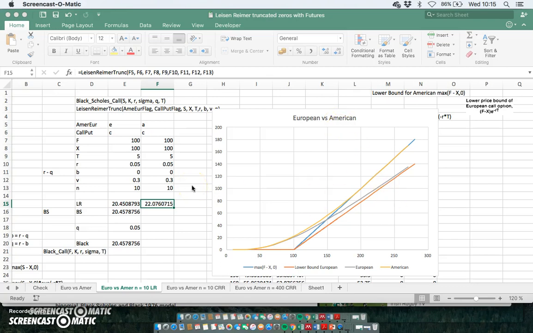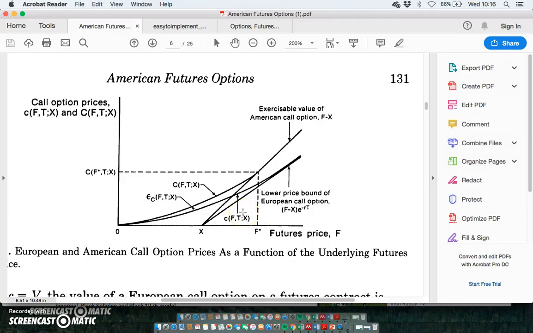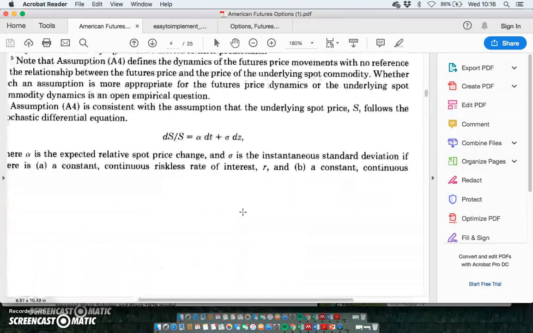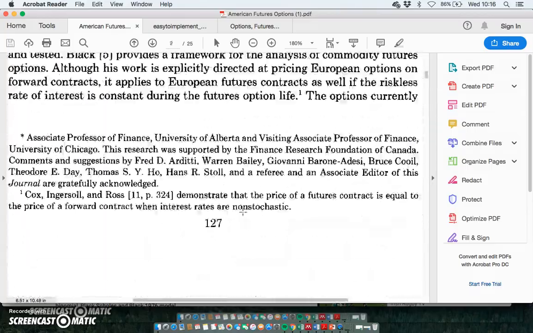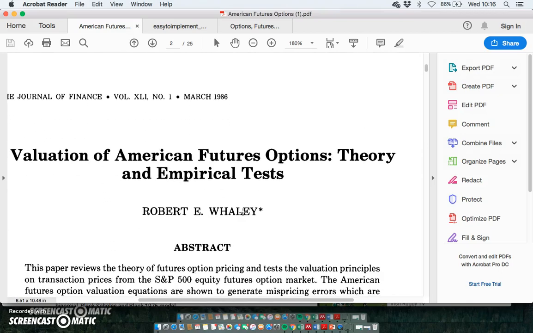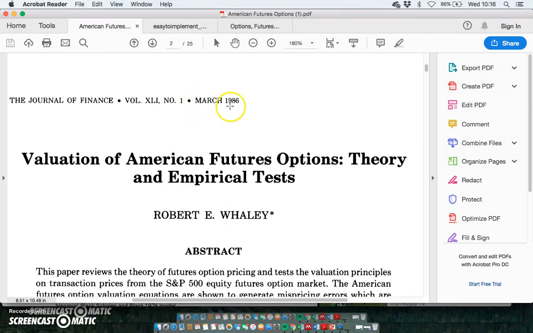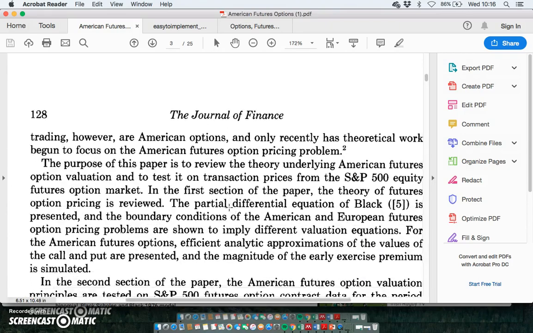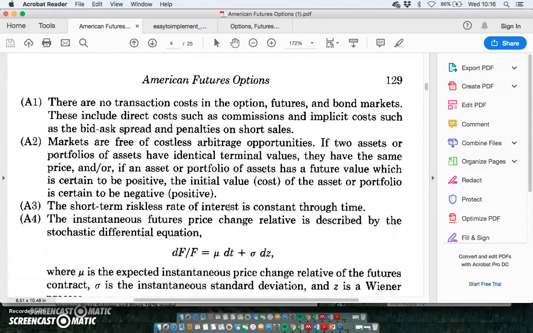And I set out here this specific graph, which is based on ideas set out in the Robert Whaley paper from 1986 in the Journal of Finance. In that particular paper he estimates the option using a Barone-Adesi-Whaley type construction.